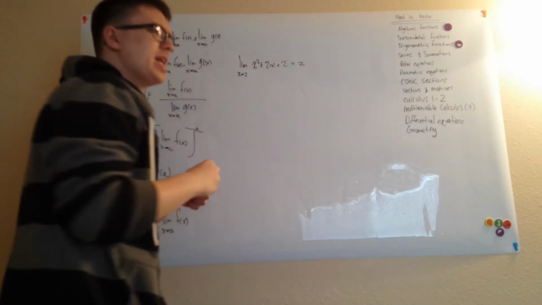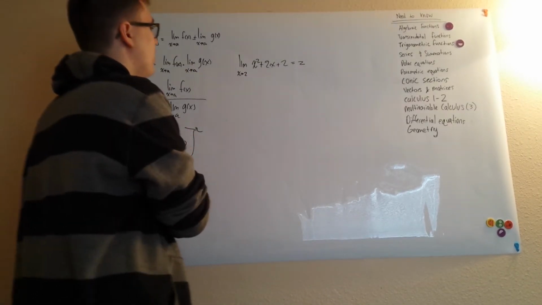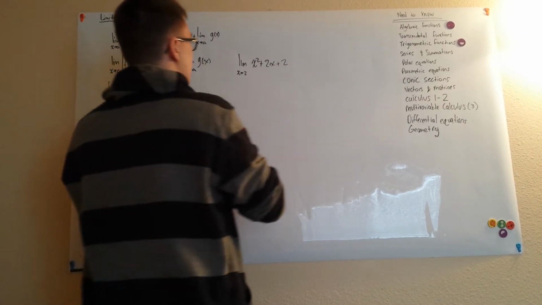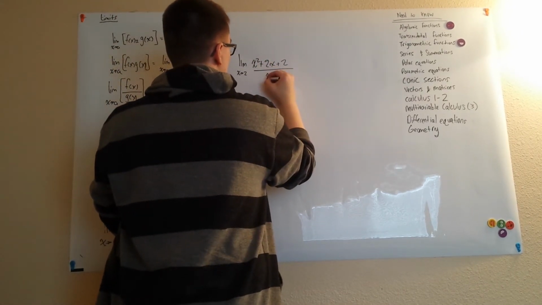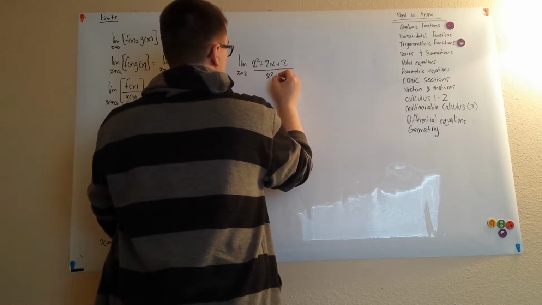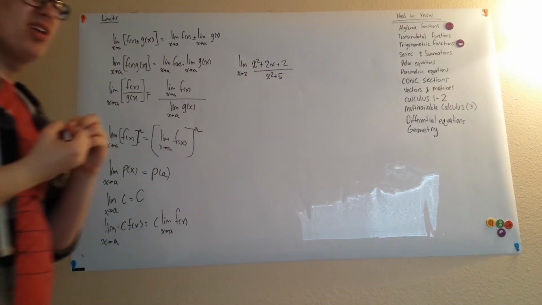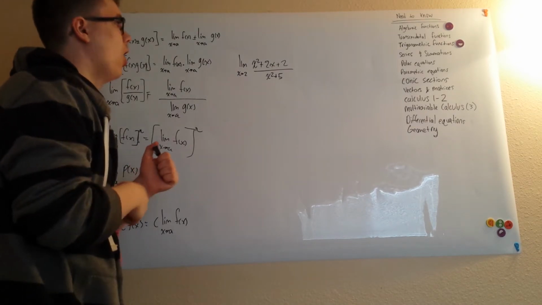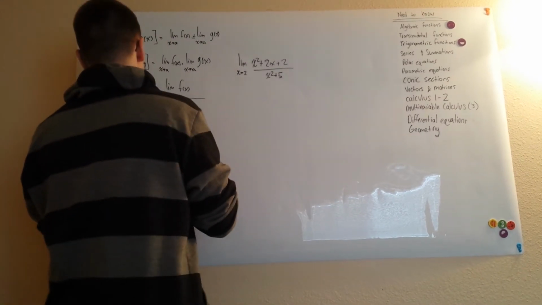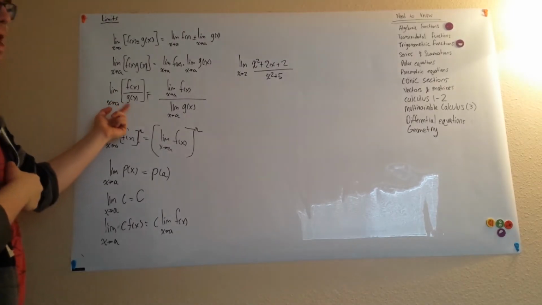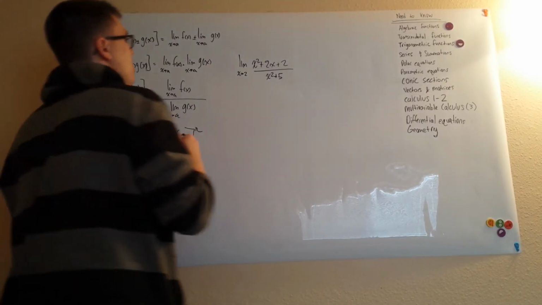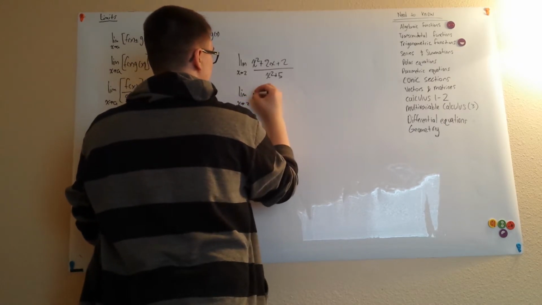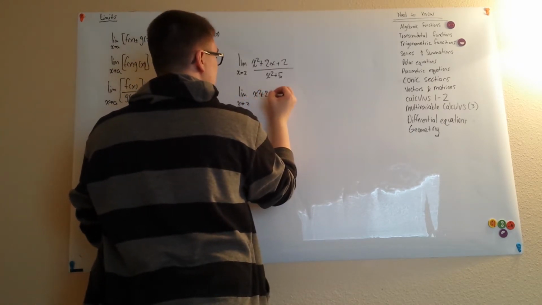Okay. Now let's do a little bit more weird stuff. Is that a polynomial? No. So we can't use that rule. Oh wait, we can separate these by division, the function. Ooh, I see.